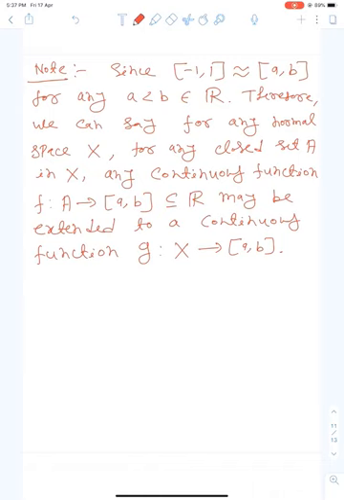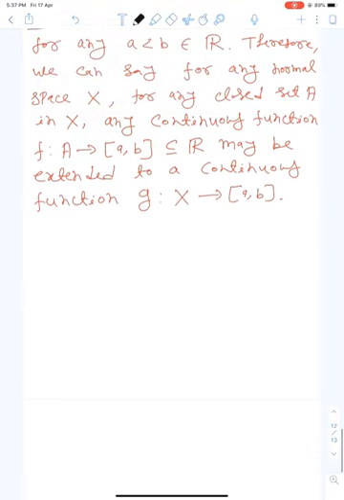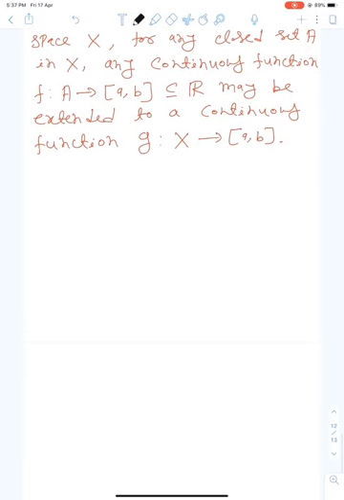Okay. Now there is another version of the Tietze extension theorem.